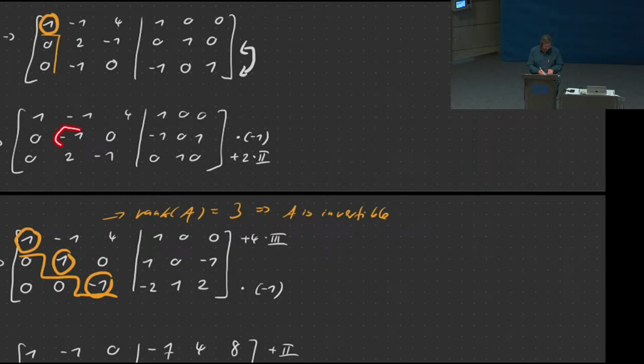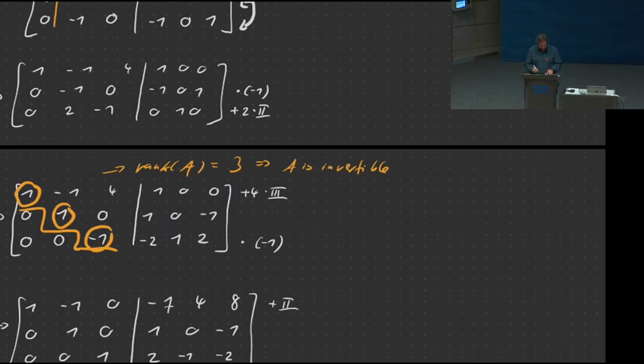Next step I did is I normalized this to +1 by multiplying the whole row by -1. I need to do this normalization anyway at some point, so why not do it now? And that means I get a +1 here. Again, don't forget to also manipulate the right-hand side. And then I use this pivot element to produce a 0 down here.